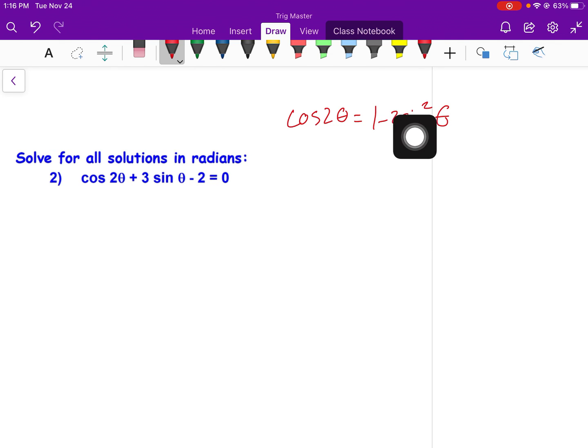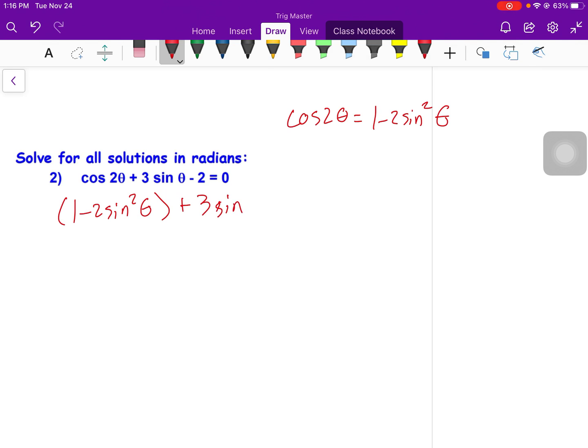This thing had 3 different possibilities, but the other 2 both had cosine. I'm trying to get rid of cosine, so I want to write it like this. So my new equation is going to look like this.